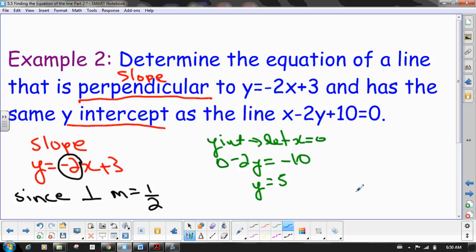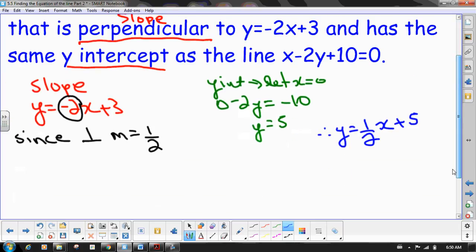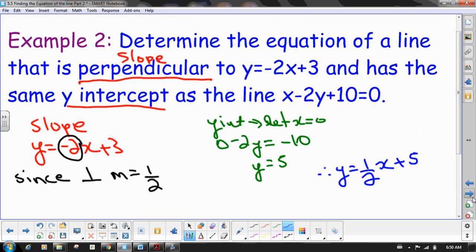So now that I have that, I can state my equation is y equals 1/2 x plus 5. So fairly straightforward. It's like I said, the information is going to be slightly different. So that was example 2. I think we have 3 more examples to work through here.